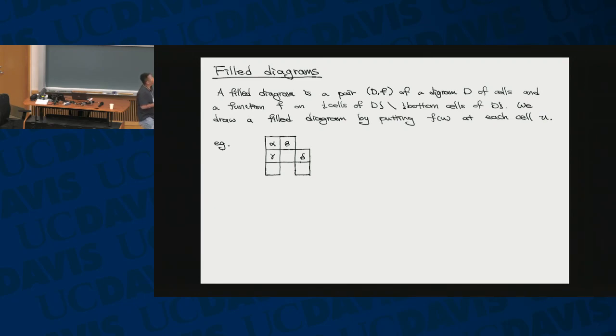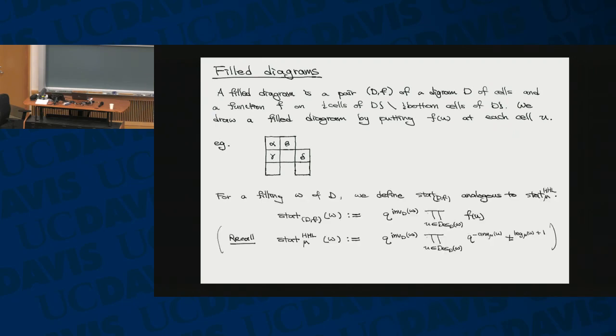And we will draw a filled diagram in this fashion. So draw a diagram and put the value of the function in each cell. So alpha, beta, gamma, and delta are the values of the function f. And for a filling W of D, we define the stat of a filled diagram, just like we did where we defined the HHL stat.